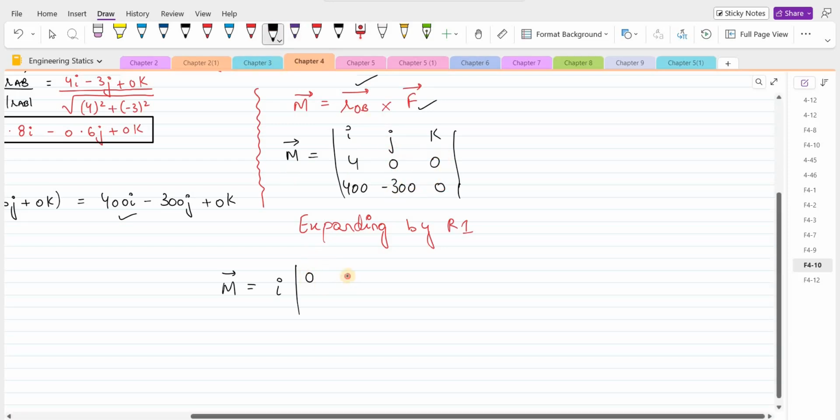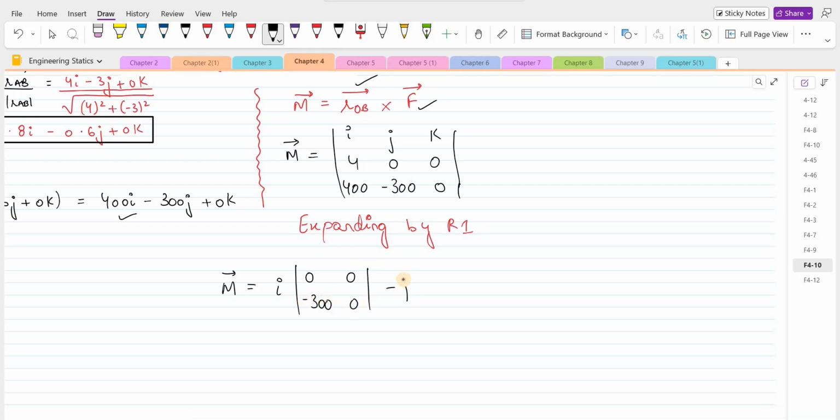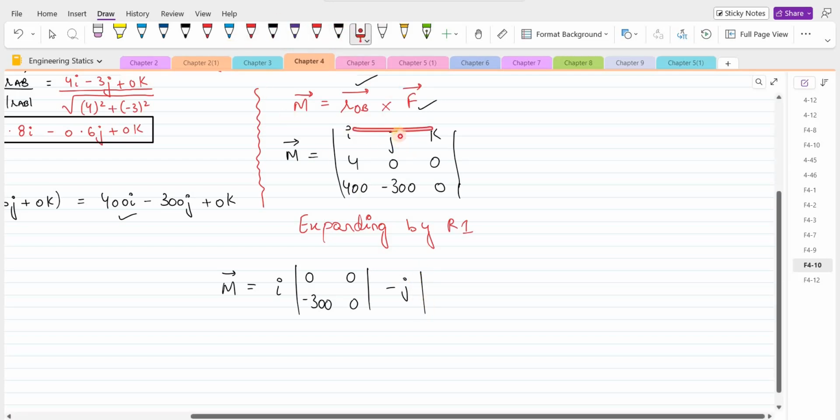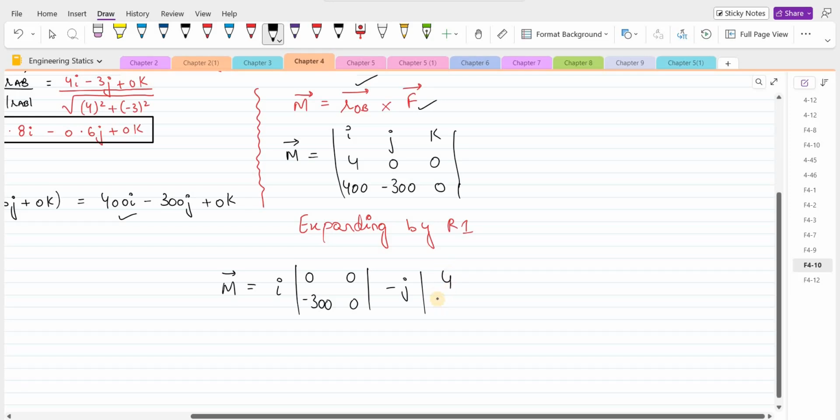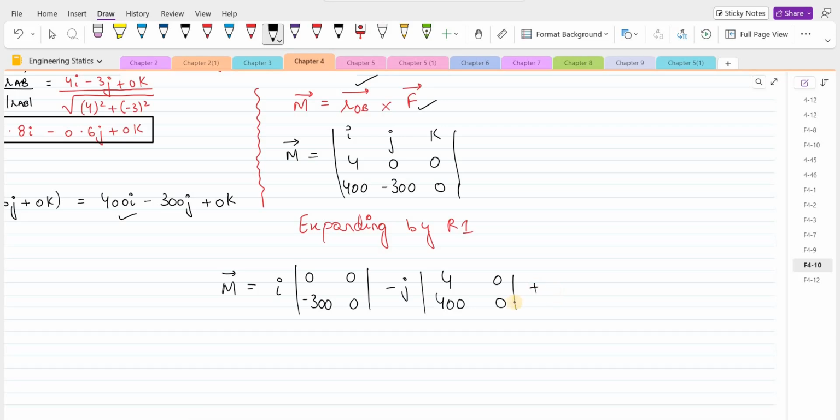So we have 0, 0, negative 300, 0 for the i term, minus j. Now we ignore these elements and only consider 4, 400, 0, 0, plus k.